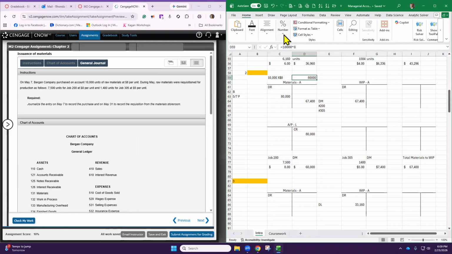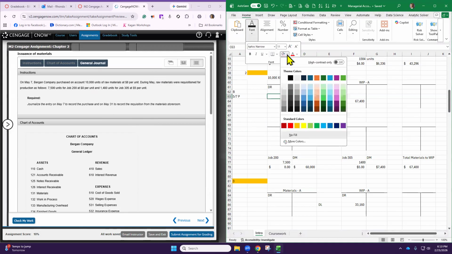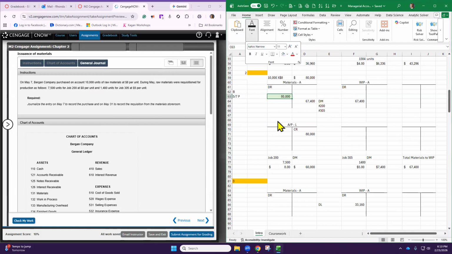All right, so that makes $80,000. That is the purchase. Yep. Okay, and that was on May 7th. So there's 80,000 and 80,000 purchased on account. Purchased on account, yes. So here we are again, showing our work so that if anybody asks, we can go back through it.